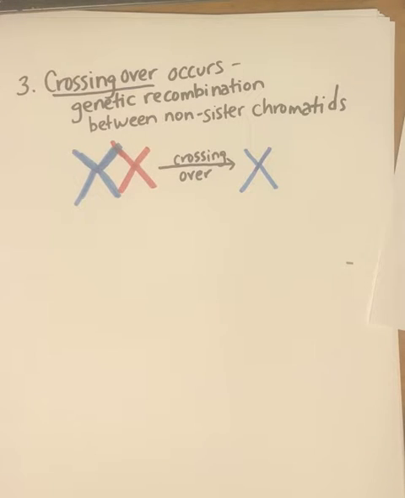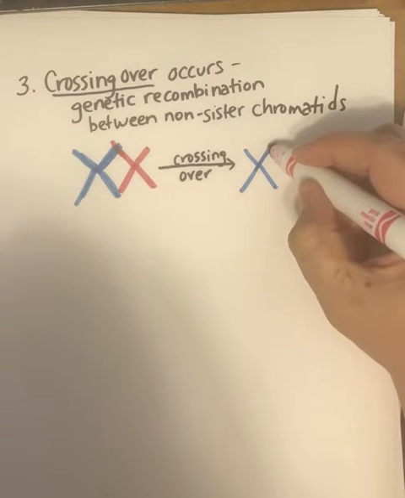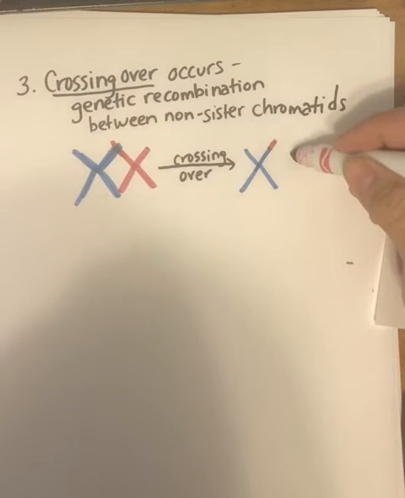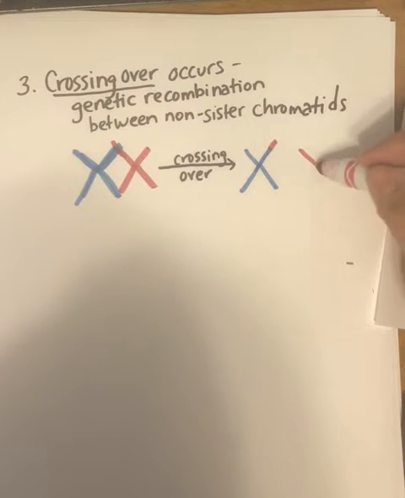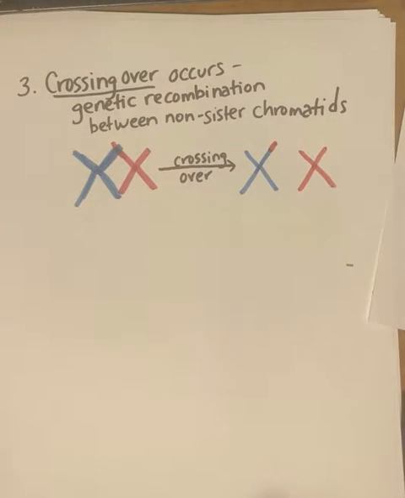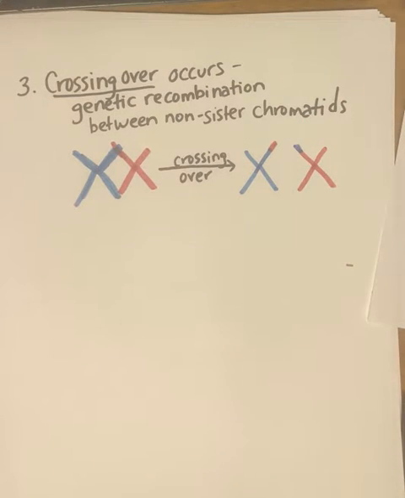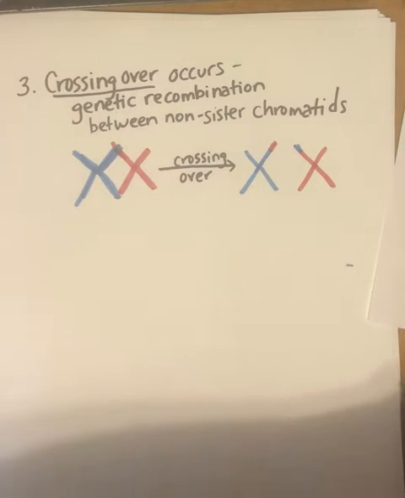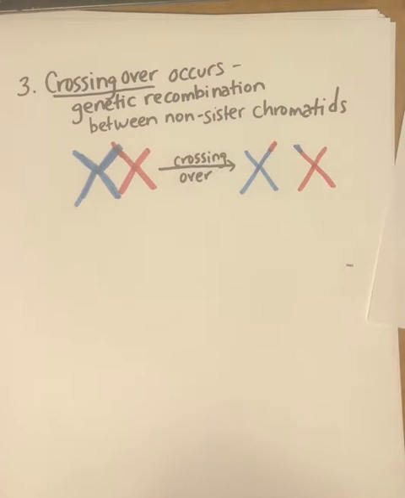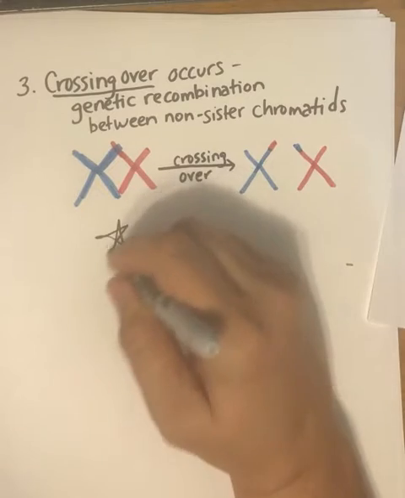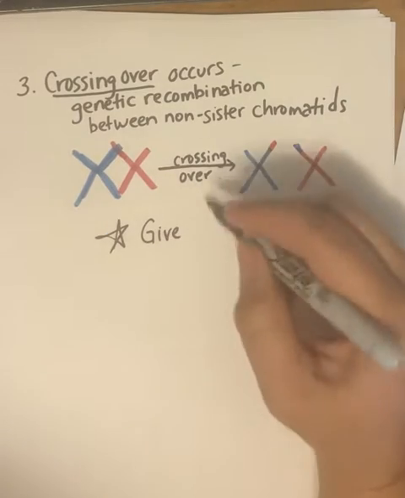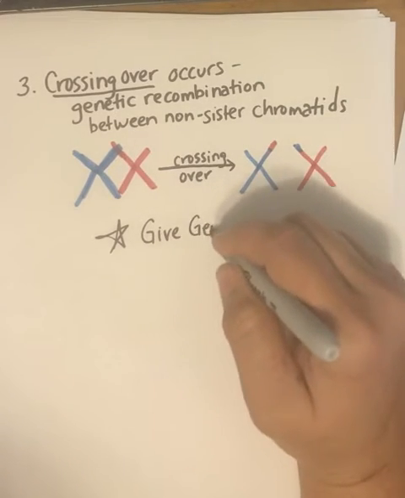So a tiny little piece of your mother's genetic material attaches at the top. Now, the same thing happens to your mother's sister chromatids, where there is a physical exchange between non-sister chromatids. That is crossing over. Now, crossing over is going to be what gives us genetic diversity. So, this is going to give genetic diversity.